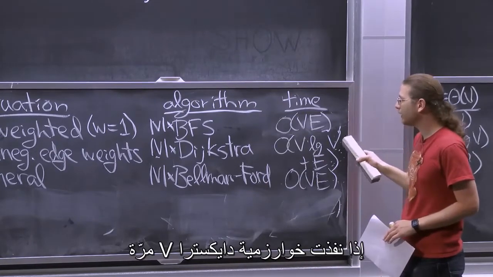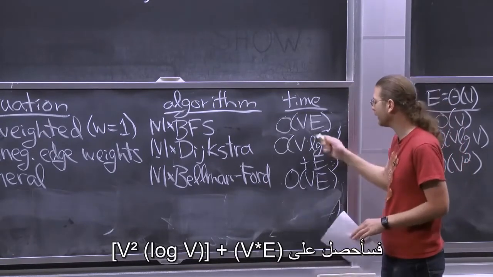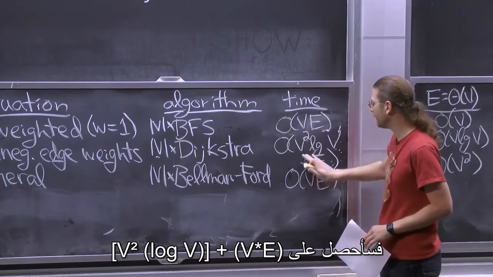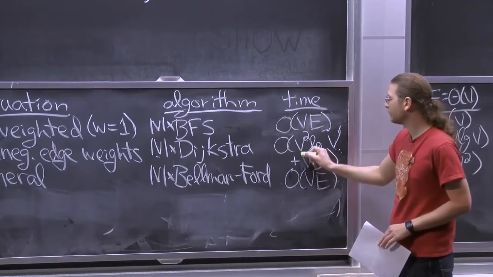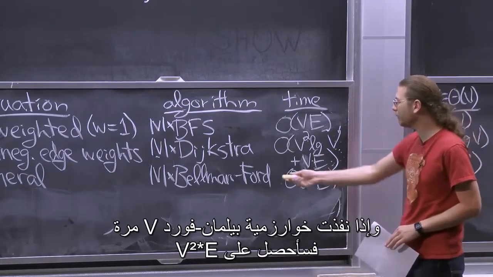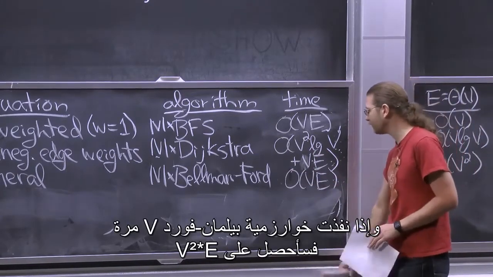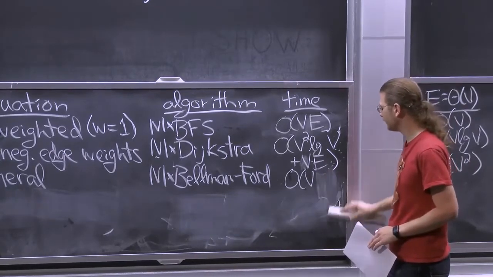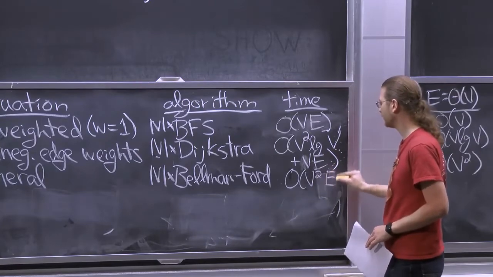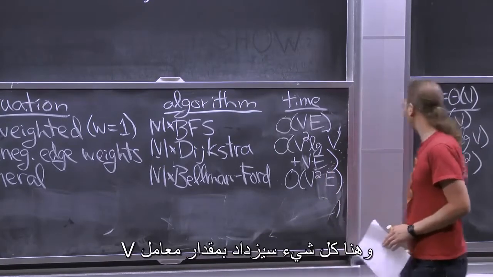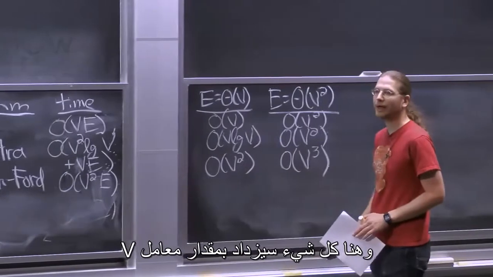If I run Dijkstra V times, I'm going to get V squared log V plus V times E. And if I run Bellman-Ford V times, I get V squared E. And over here, everything's just going to increase by a V factor.